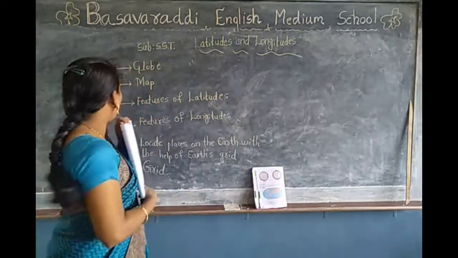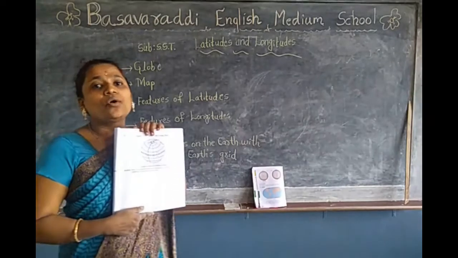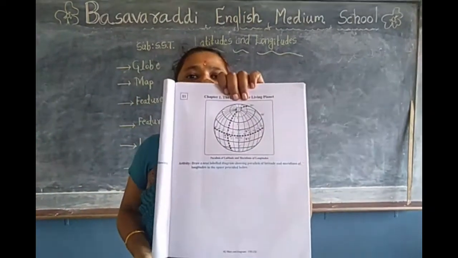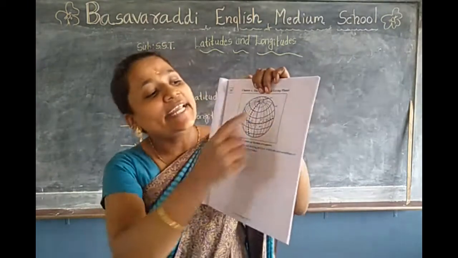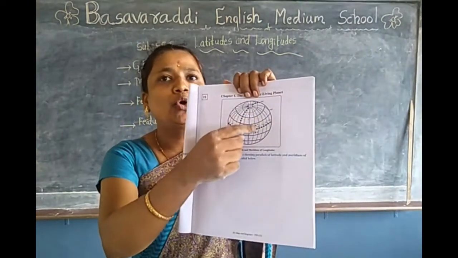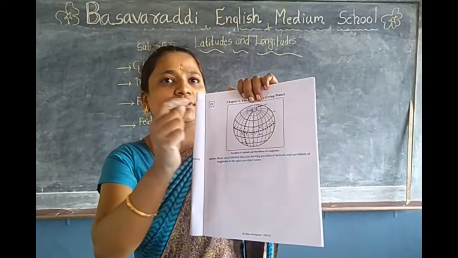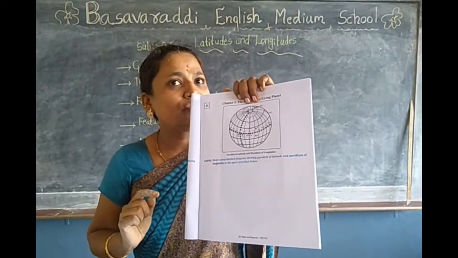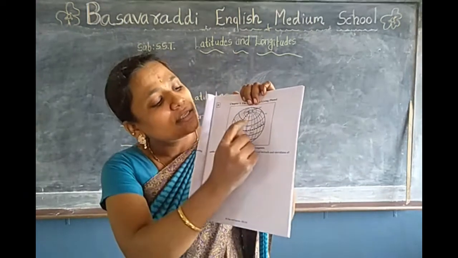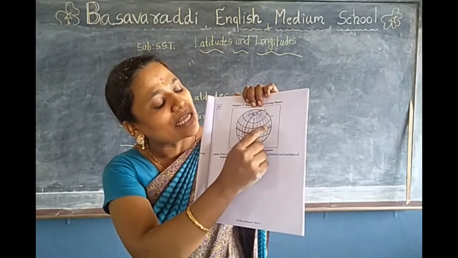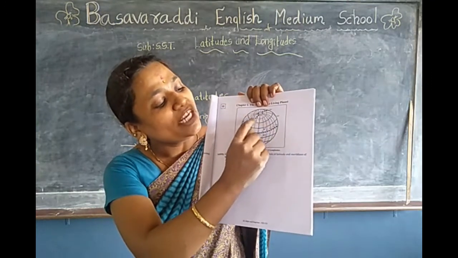Now we will move on to meridians of longitude. Just observe this picture. Meridians of longitude are equal in length. Next one, the distance between them. There are so many imaginary lines, so many longitudes.